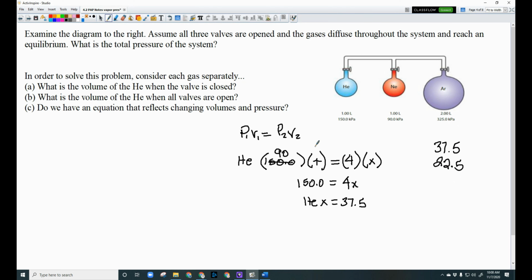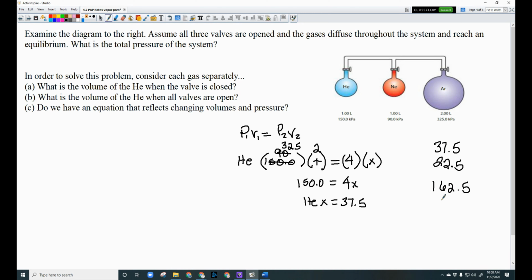Now we have to do 2 here and 325. So if we take 325 times 2, then we divide that by 4. We're going to get 162.5. So this is the pressure of the helium after, this is the pressure of the neon after, and this is the pressure of the argon after.